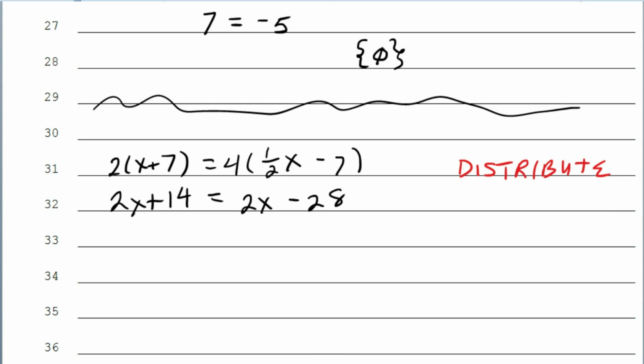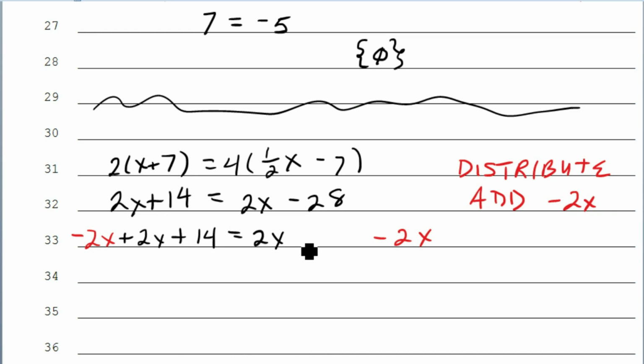And then doing the usual routine, all the x's on the right, move them over to the left. And that means adding a minus 2x to each side. Minus 2x over here, and everything else stays the same. 2x plus 14 equals 2x minus 28.